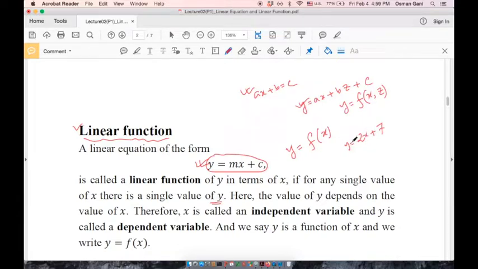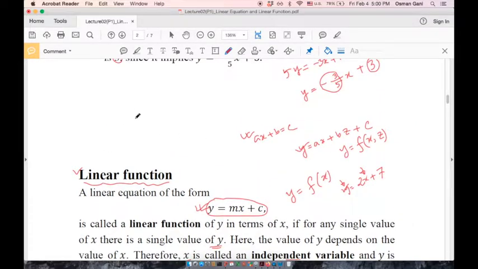If x equal to 1, y will be 9. If x equal to 2, y will be 11. So y depends on x. Therefore, x is called an independent variable and y is called a dependent variable. In other words, x is an input variable and y is an output variable.